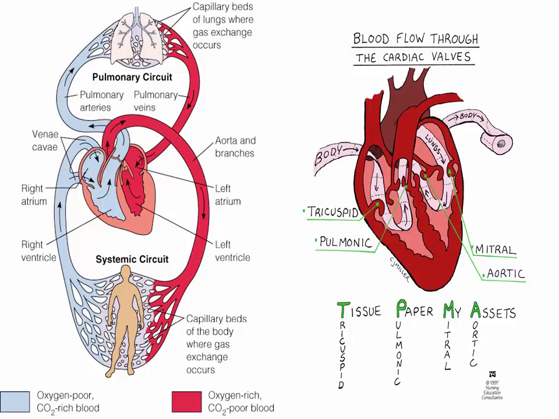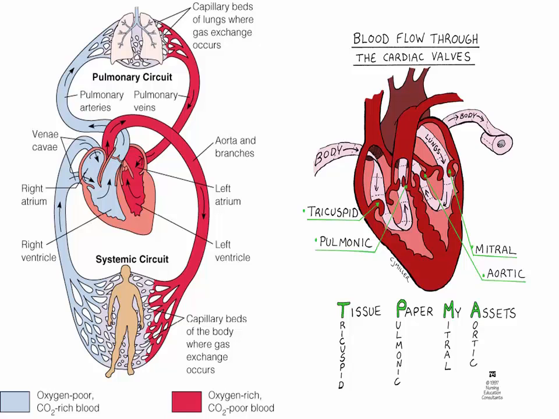Remember that as a general rule, arteries always carry blood away from the heart. As a general rule, that blood is always oxygenated. The exception being the pulmonary artery.